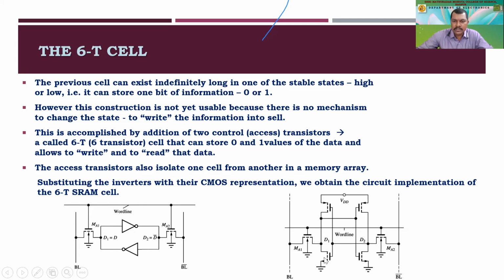So these two transistors combinedly form one inverter, and these two transistors will form another inverter, right? So these are D1, that is D, and D2 will be D bar, right? And it is connected to MA1 and MA2, and from there, it is connected to bit line and bit line bar. Okay, so this is the basic construction of the 6T cell or the static RAM.